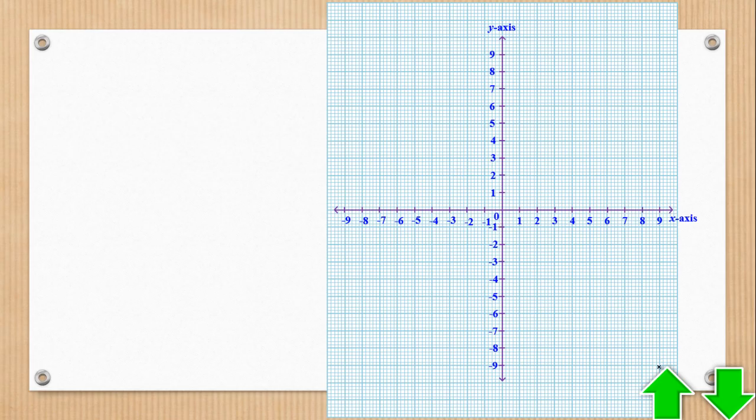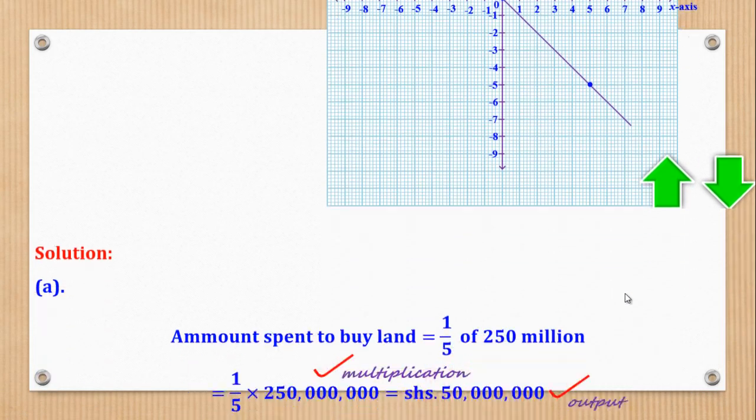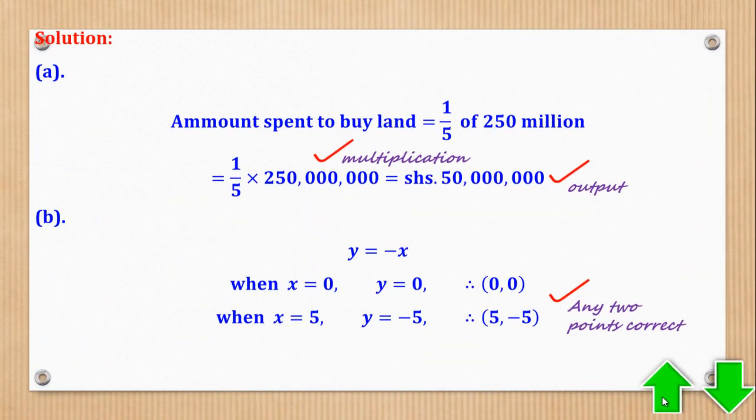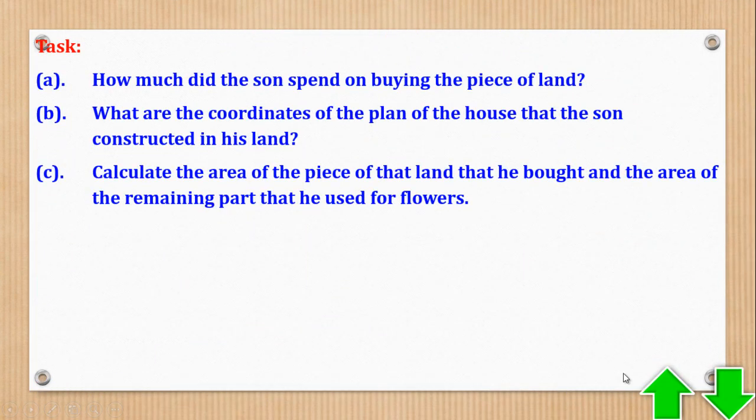Okay, then plotting, we saw (0, 0) and (5, negative 5). So (0, 0) is there and (5, negative 5) is there. So I can now draw the straight road. Okay, that's a straight road. Then I was also given the coordinates of the house.